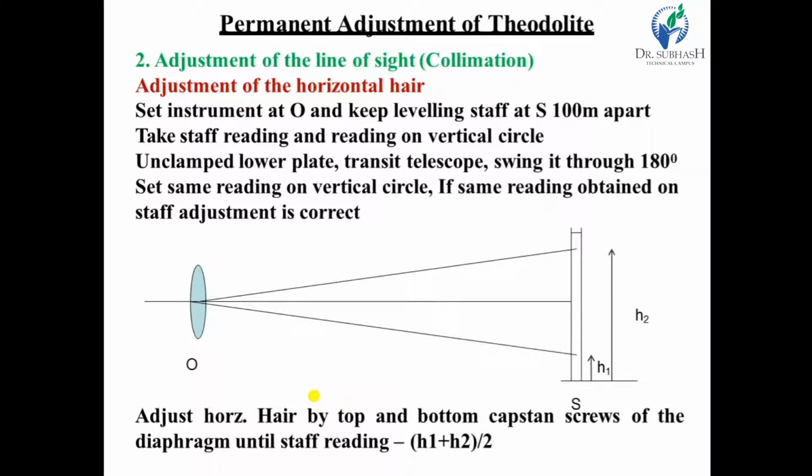Otherwise, adjust the horizontal hair with the top and bottom capstan screws of the diaphragm until the staff reading equals (H1 plus H2) by 2, so that both staff intervals with respect to the middle hair are the same.